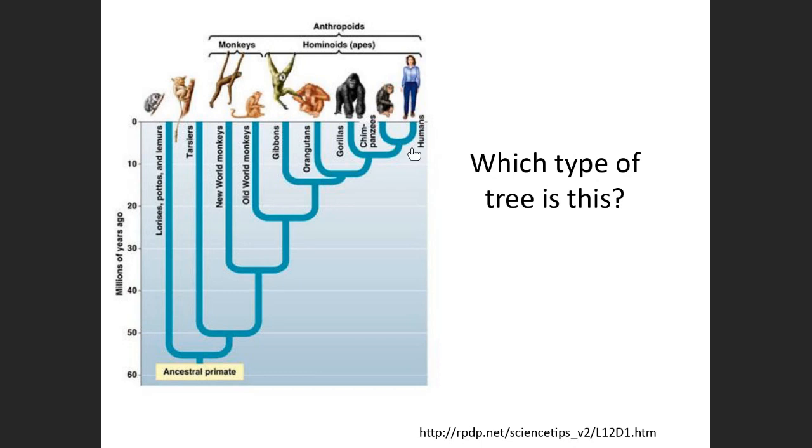So in terms of the tree, we have a common ancestor. Let's see. In here is our common ancestor, right? There was some species that lived between 50 and 35 million years ago, and that species started existing here, and then in here it diverged into the monkeys and the apes.